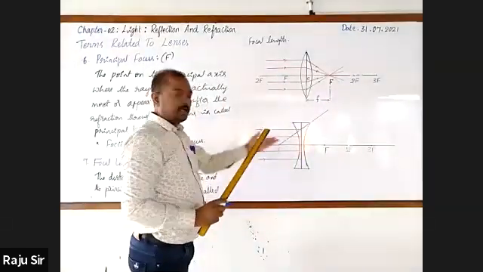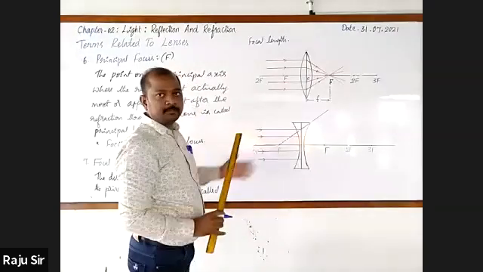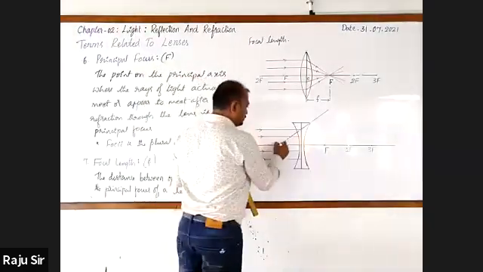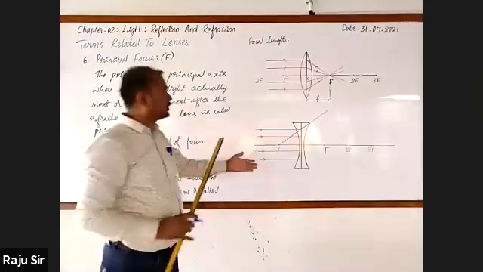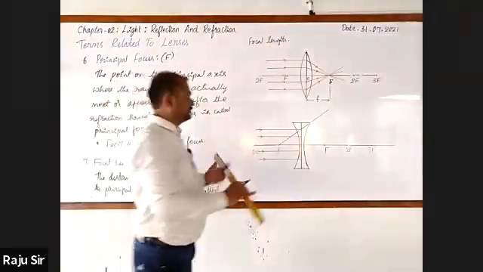They appear as if they meet at a point on the principal axis, and we call this point the principal focus of the concave lens.